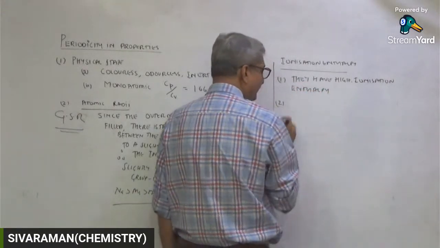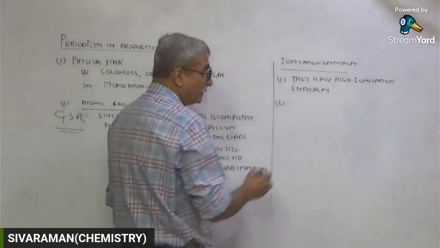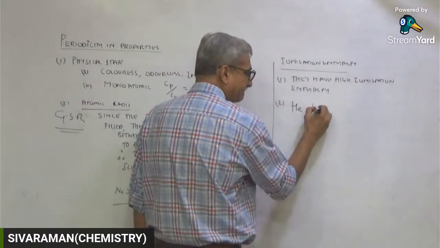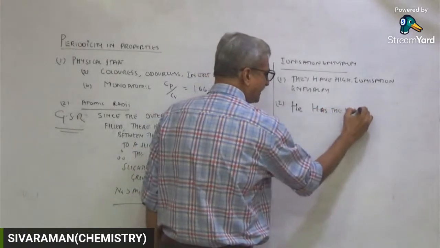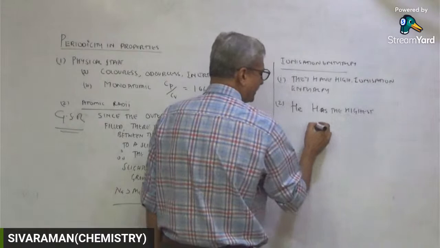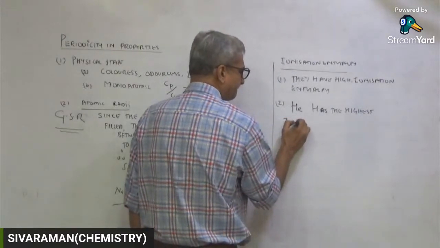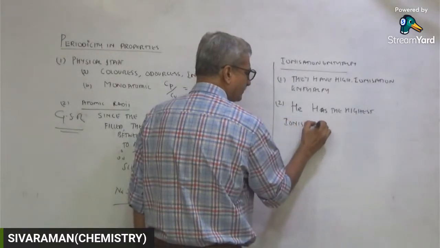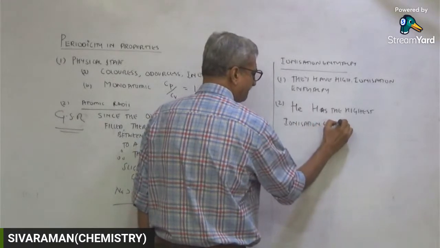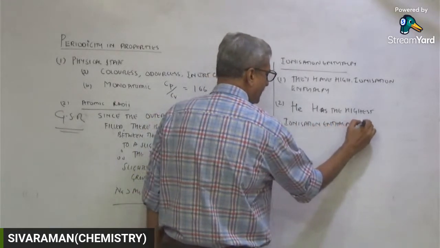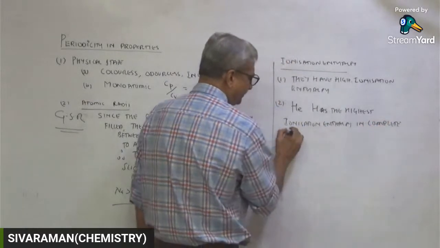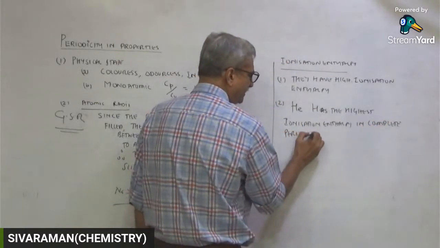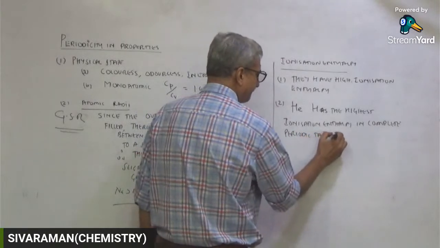What is more important from the entrance exam point of view? Helium has the highest ionization enthalpy in the complete periodic table.